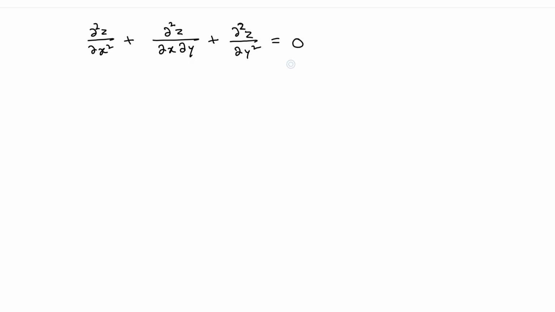In this expression you can see that z is the dependent variable, and here you have two independent variables. The first one is x and the second one is y. Actually the variable which is in the denominator is your independent variable. In simple language, the variable in the denominator is your independent variable.